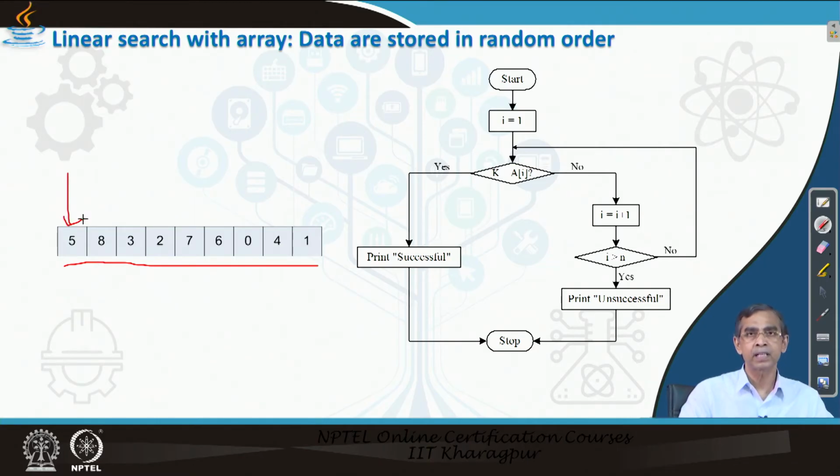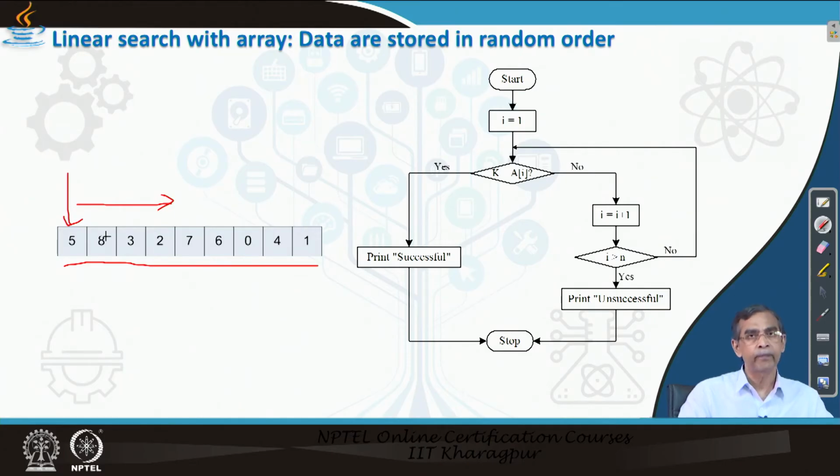This may be the 0th location or first location, whatever you like to say. In this flow chart, it is assumed that the first location is location I1, and we start with it, and then we compare whether the target key, that is our 9, is located here or not. If it is not here, then this pointer will move in this direction.